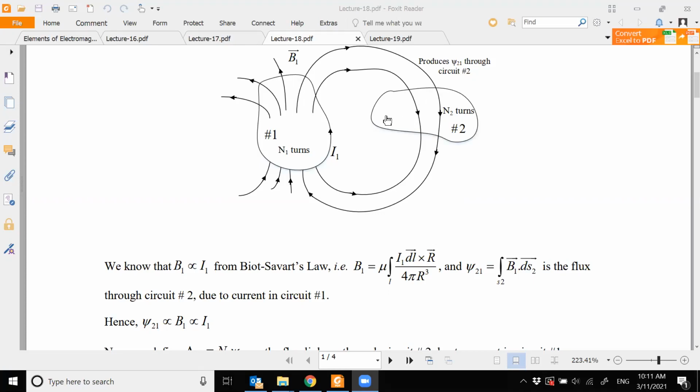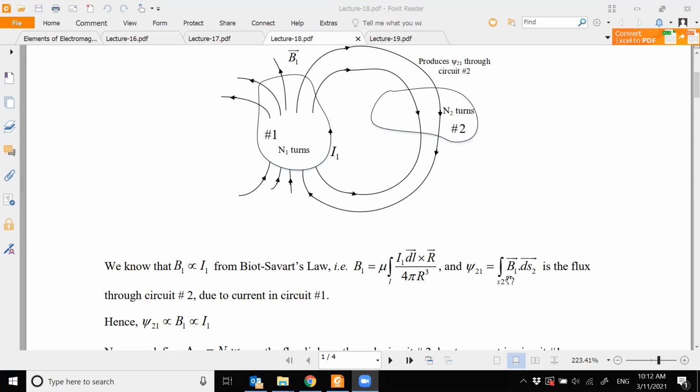Then there will be flux through this loop, right? How can you find the flux through this loop? It is nothing but your psi 21. And what will it be? The flux through the second circuit or the second loop due to loop 1 is nothing but the integral of, so what is the magnetic flux density which is flowing around this loop number 2?